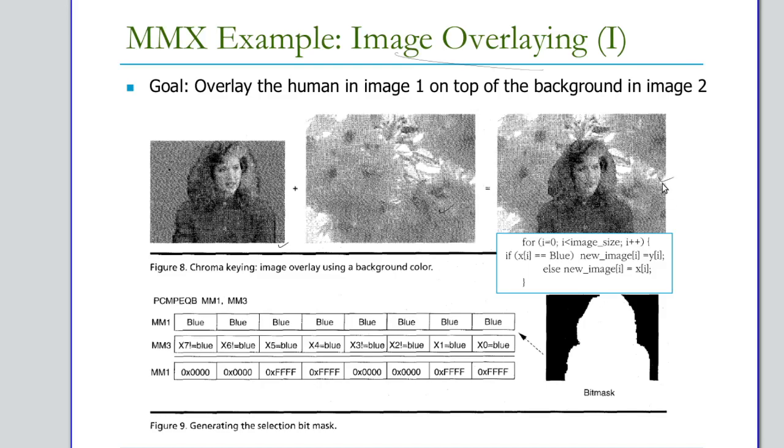One thing is that wherever there is blue, we will not copy from here. We will copy from here, right? And wherever it is not blue, then it is lady, so we will copy from this image. So very simple. If it is equal to blue, then the new image is yi, or in the other case, if it is not equal to blue, then it is xi. Simple.